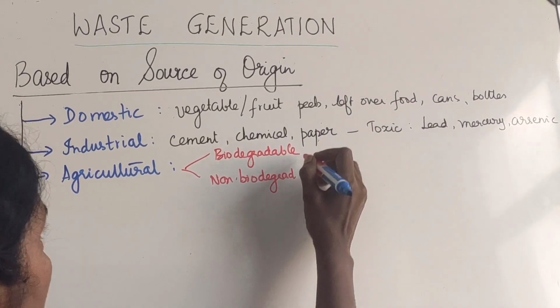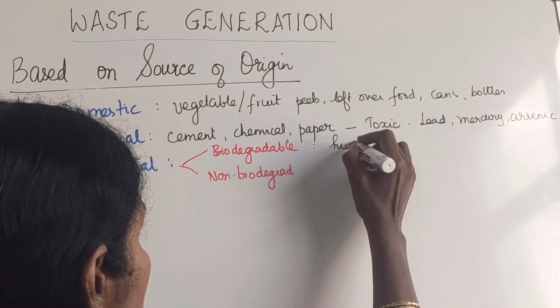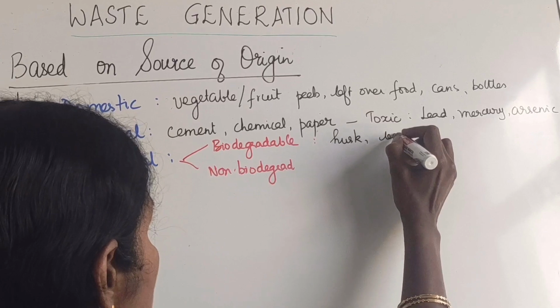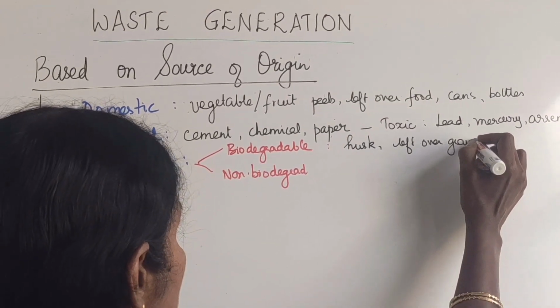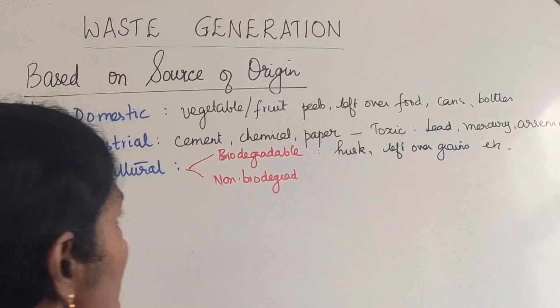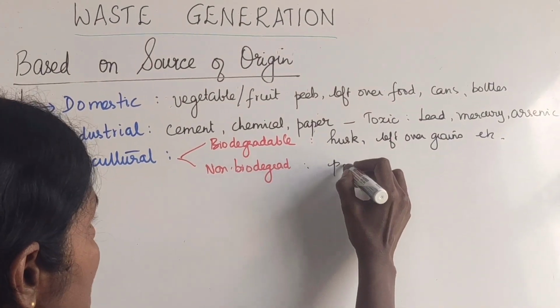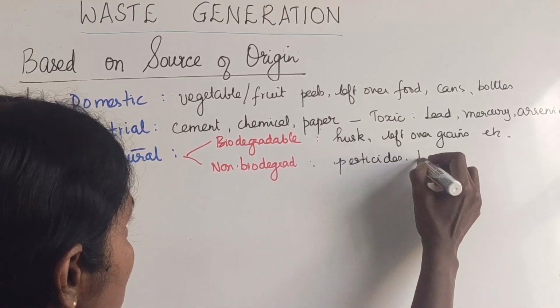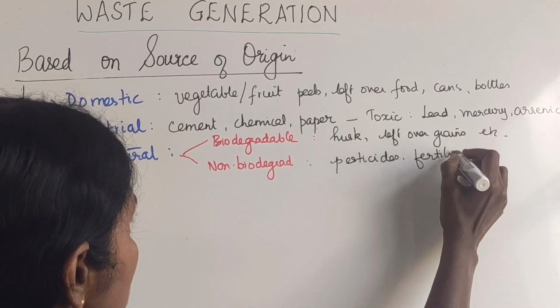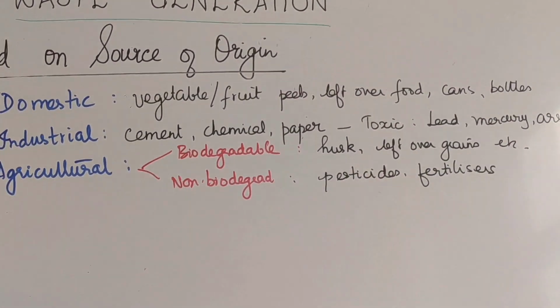Biodegradable are things like husk, leftover grains, etc. Whereas non-biodegradable are the pesticides and fertilizers. These are chemicals which don't break down so easily. Okay, so that is agricultural.